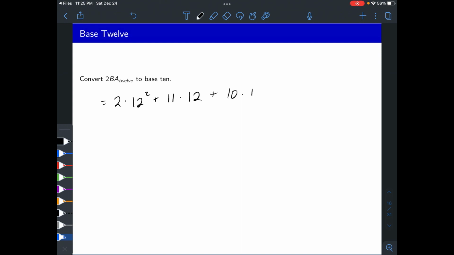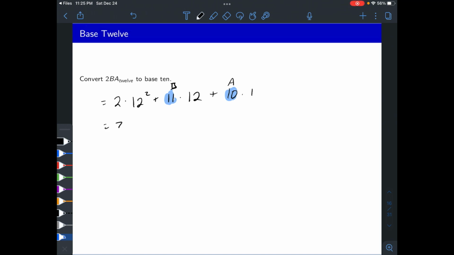Sometimes instead of writing 11 and 10 in my first step, I might literally write B and then A, and then in my second step go back to writing this as 11 and then 10. But again, the point is to write all of these things as base 10 numbers, like this right here, 12. This is a base 10 actual 12, right?